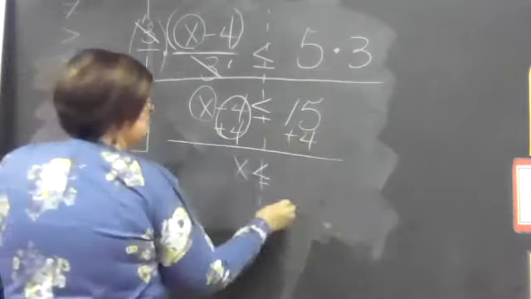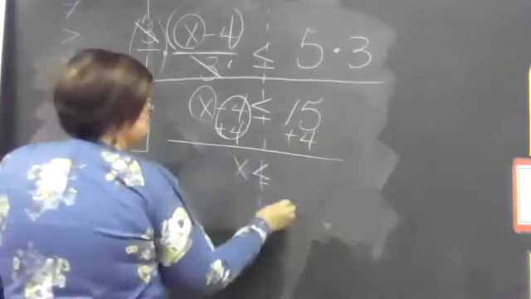Now the x is by itself, so that means we're finished, but we need to be able to read the sign so that we can graph this. So I start at the left and I read: x is less than or equal to 19.